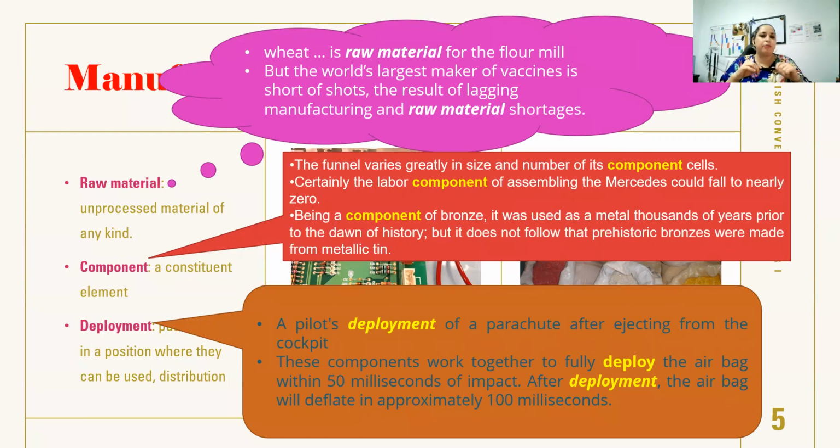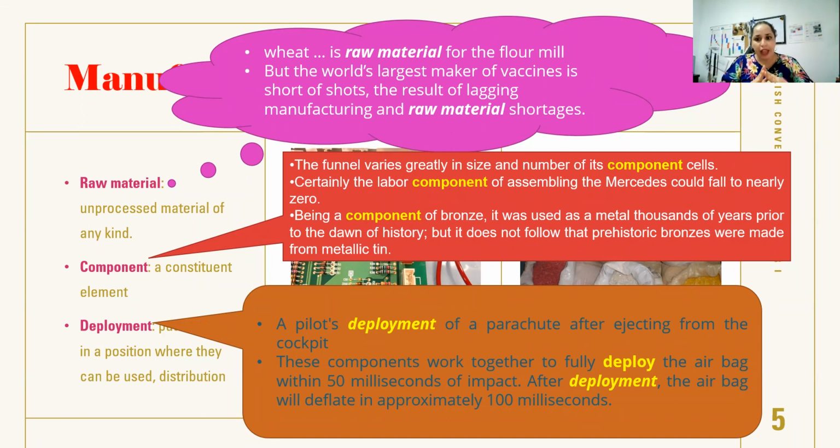A pilot's deployment of a parachute after ejecting from the cockpit. You see, when we talk about deployment, you have really different things or tools. A parachute is what you use to save your life when you jump from an airplane. These components work together to fully deploy the airbag at the same time within 50 milliseconds of impact.